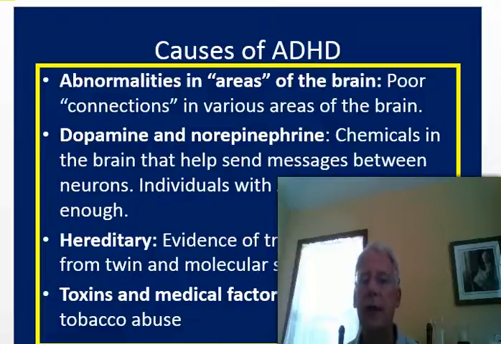Individuals with ADHD may not have enough of those chemicals, and that might be the cause of either inattention or hyperactivity. It also can be hereditary, and also toxins and medical factors, alcohol and tobacco use can also be a cause of those.